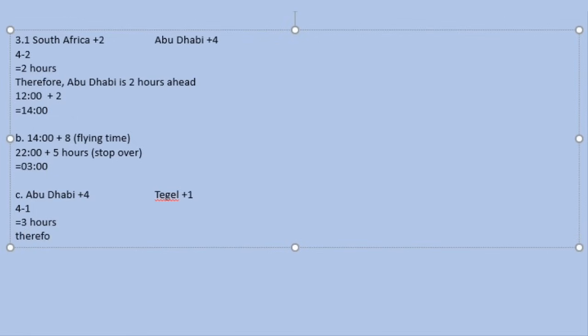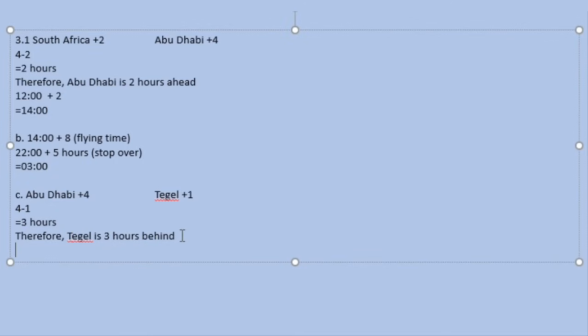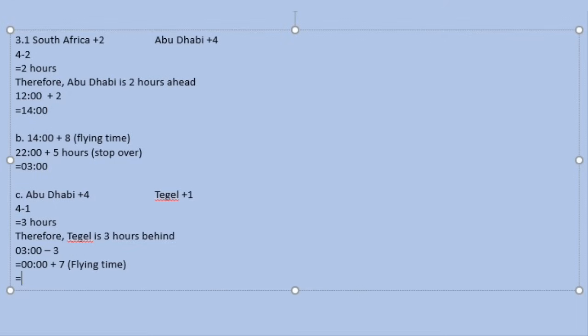Therefore, Tegel is 3 hours behind. Then we take the 3 hours that we got and we subtract 3 hours, and the answer is 0 hours, and we add 7 hours, which is the flying time, and the answer is 7 hours. That is the time.